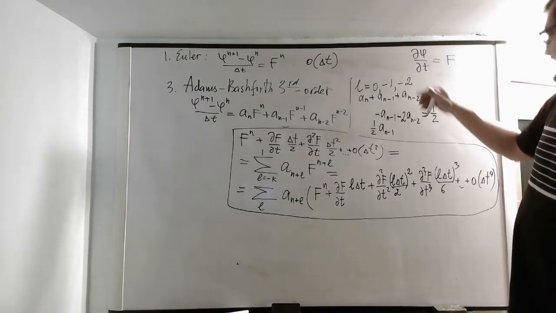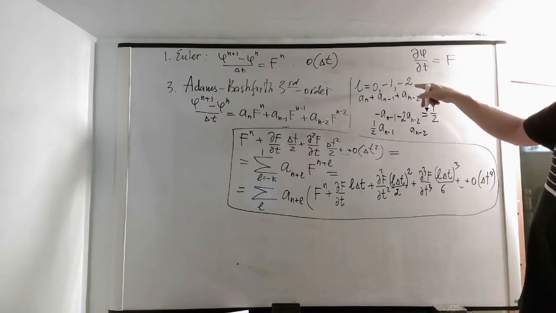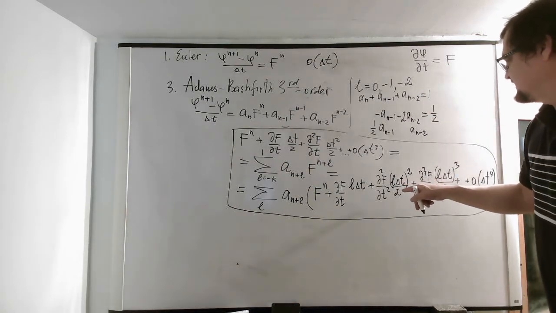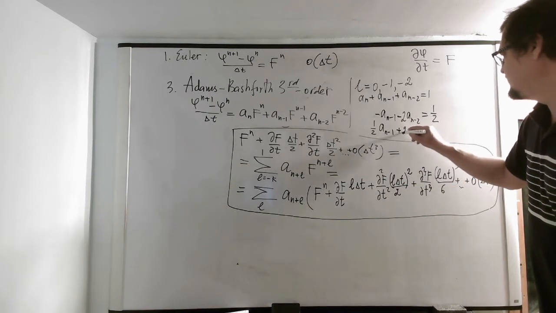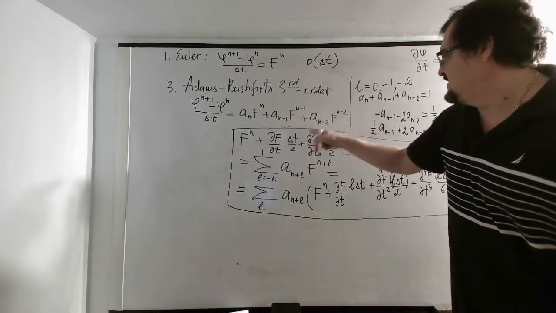And now a n minus 2, so L minus 2 squared becomes 4, divided by 2, it becomes plus 2. And equals to this guy.